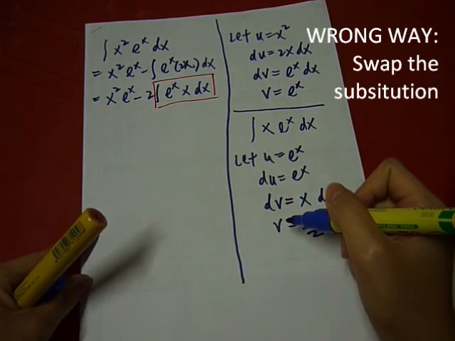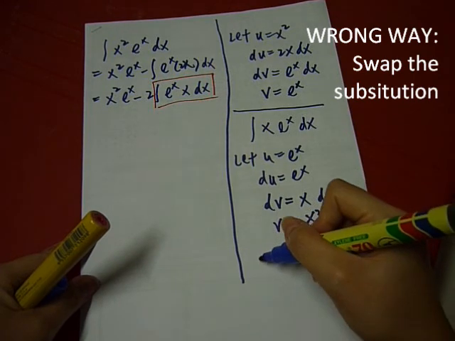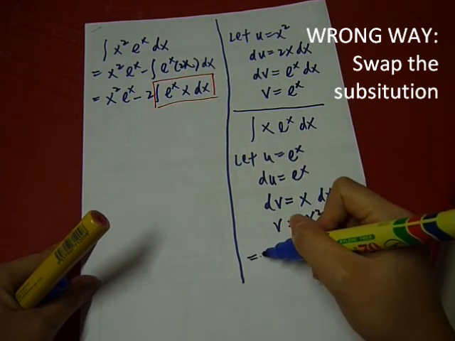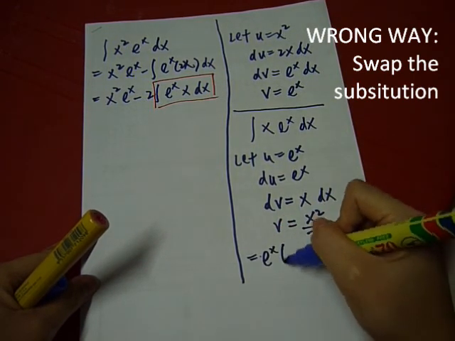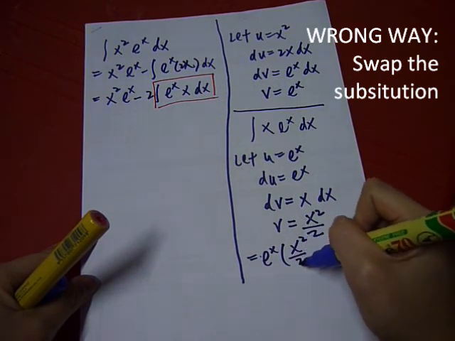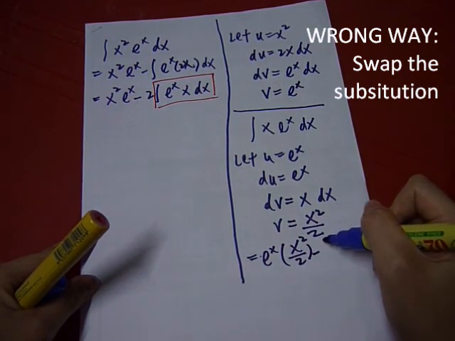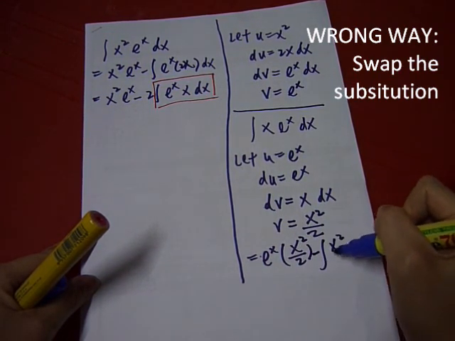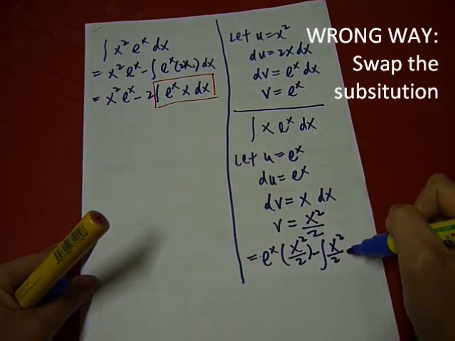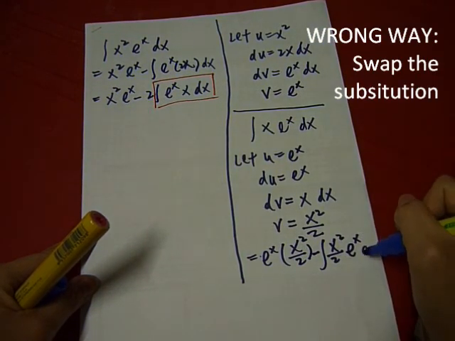Then applying the formula again, we will get e^x times x squared over 2 minus integration x squared over 2 times e^x dx.